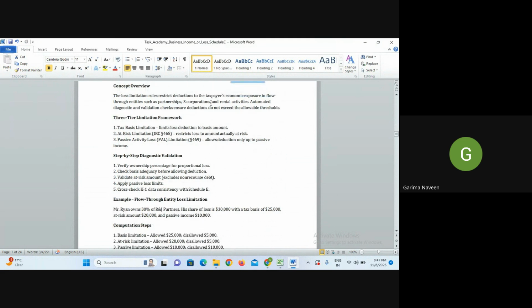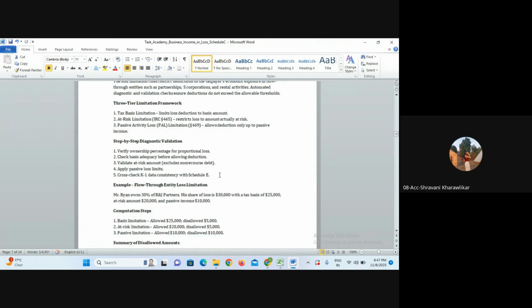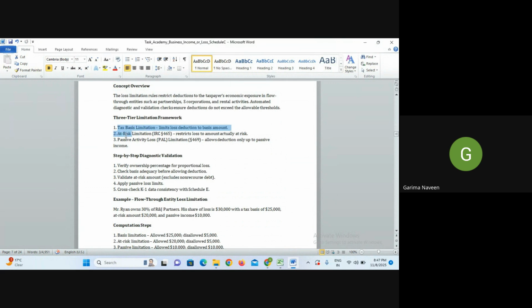So first of all, have you studied tax basis and at risk basis? Do you have any idea what tax basis and at risk basis are? What, ma'am? Tax basis, at risk basis. No, ma'am.